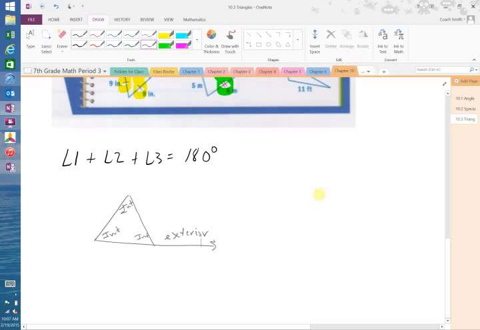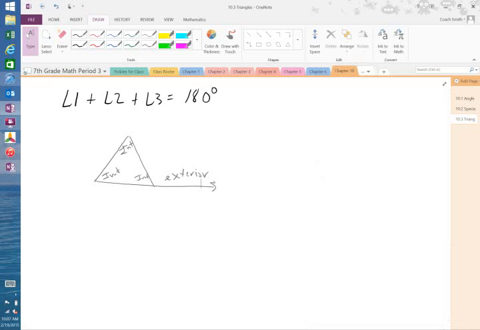Now, if I have a triangle that looks like that, and I tell you that this angle is 62 degrees, and I want to know what x is.